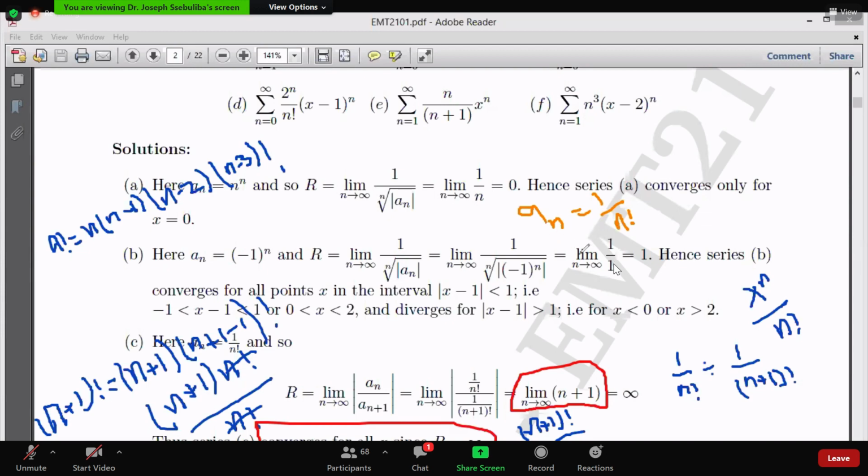So here we are saying if a_n is equal to 1 over n factorial, then what is a_{n+1}? That is the question. Since this is a_n, it means we add a 1 here, and then you just add a 1 there. So it would be 1 over (n plus 1), then again this whole thing factorial. I think this is the question you're trying to ask. How the 1 got inside there. Is that the question? Yes, sir.